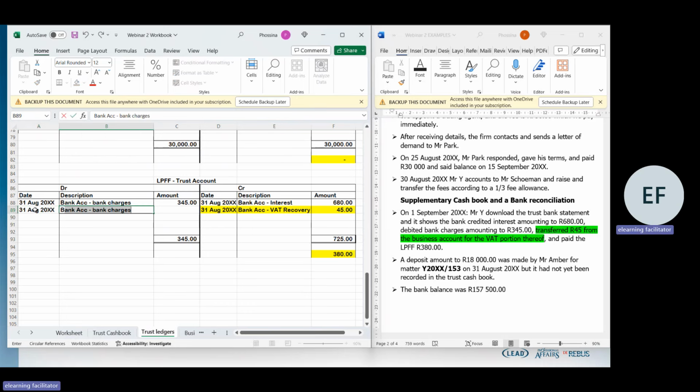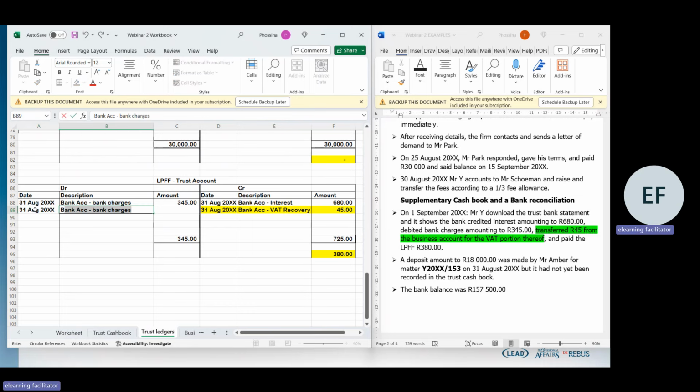Okay, so our deposit. Mr. Ember, we've debited, we've received in the cash book, and now we credit his account like that. So it's the bank account, so we received, and it's how much? 18,000 for his meter.